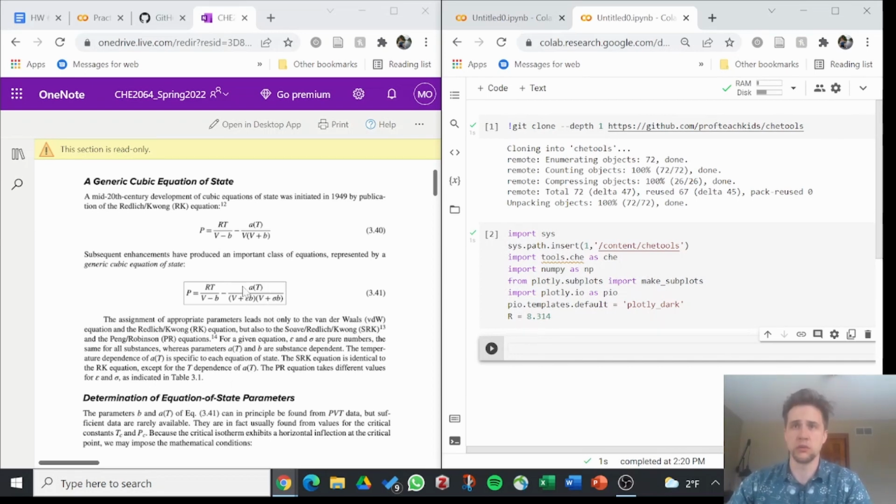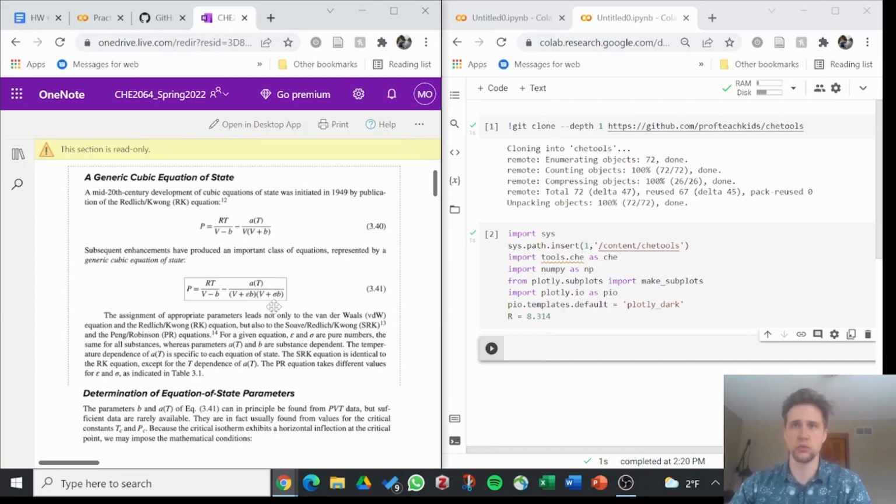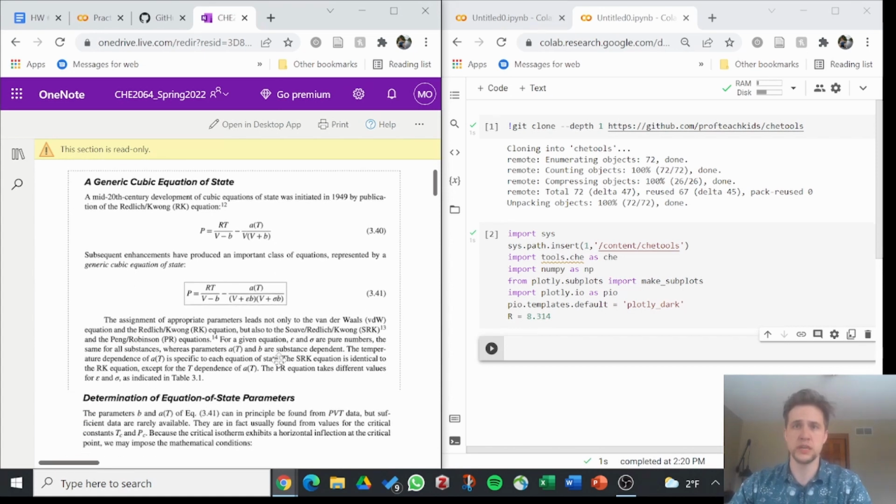Here we have A as a function of temperature, but we also have B as our excluded volume, the space taken up by each individual molecule. Beyond what Van der Waals brought, some additional parameters are epsilon and sigma, and we're going to bring those in as parameters. Let's get that defined here, with respect to temperature.